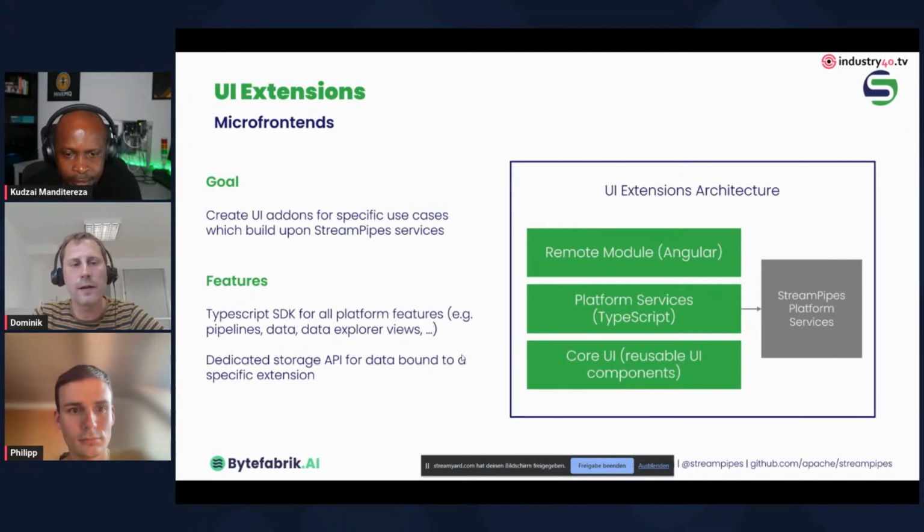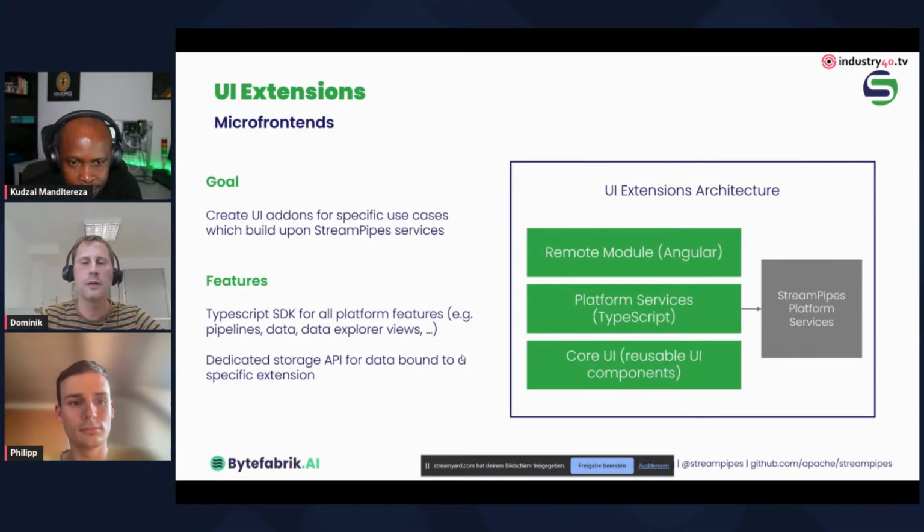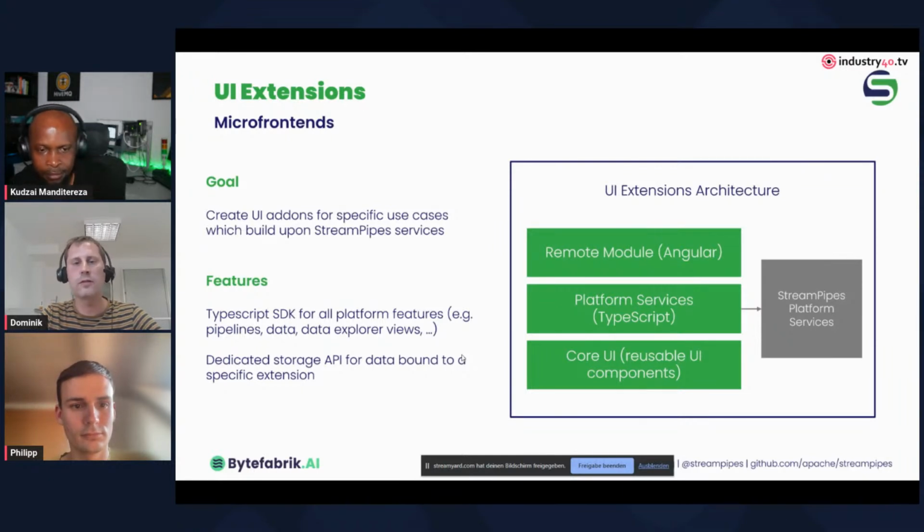For that, we provide a TypeScript SDK for all platform features. You can use that to develop your completely custom UI, but reuse the TypeScript SDK to get pipelines stored in StreamPipes, to get data explorer views, to get data and so on. That really helps to develop your own modules.